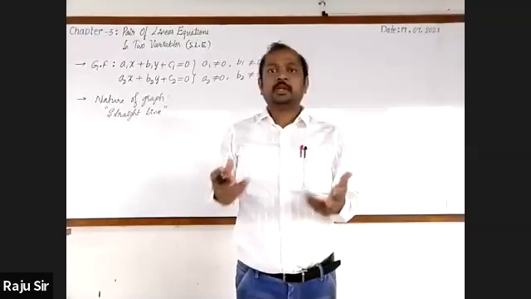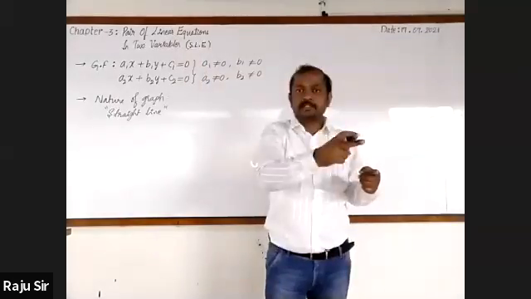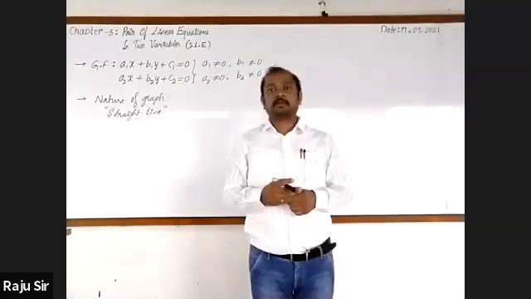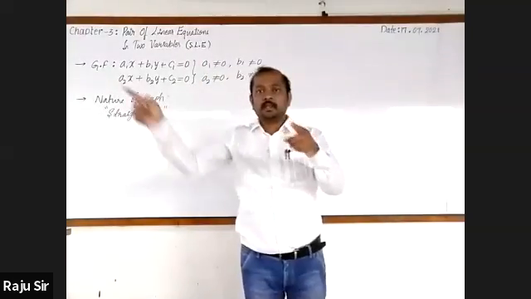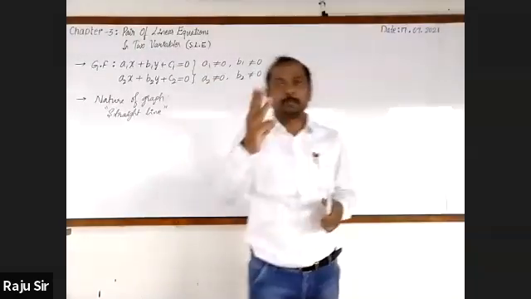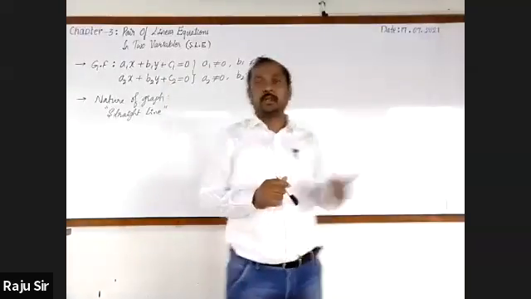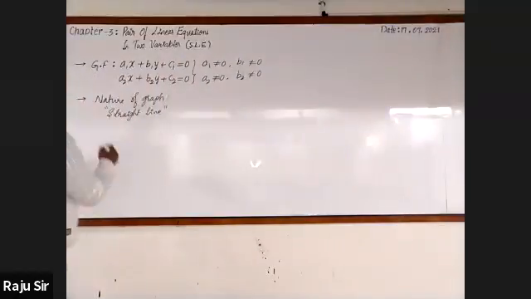As we know that if there are two lines, one possibility is the lines may intersect each other. Second possibility is lines may coincide with each other. And the third possibility is lines will be parallel to each other. So now let me go for showing one by one.